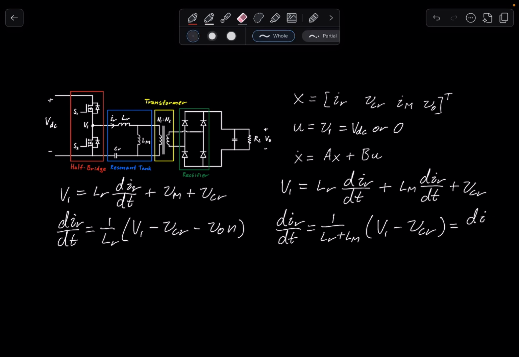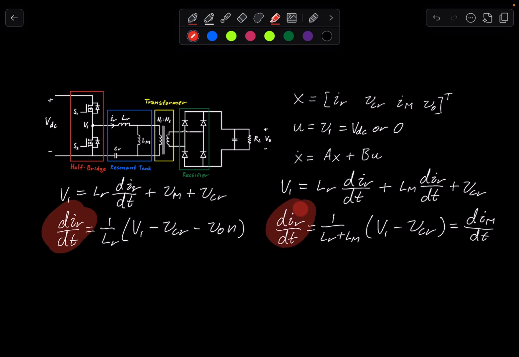There you go. Now we have found the derivative of the current for one case, and we have found the derivative of the current for the other case, and also the derivative of the magnetizing current for that same case. So we can try to find the derivative of the magnetizing current for this case as well.